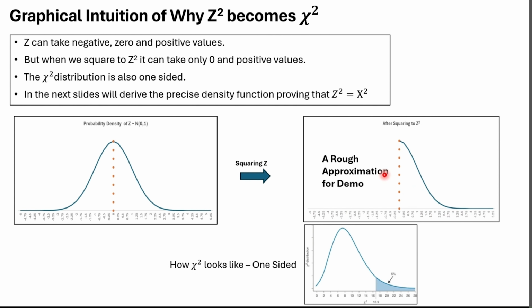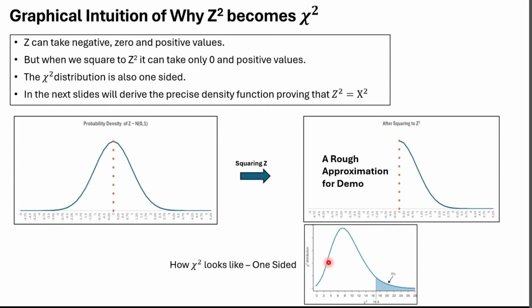So whatever resultant distribution you expect, it's going to be one-sided in nature, right? Now, this is just a rough approximation. The x-axis is not drawn to scale. We will derive a mathematically precise expression in the next slides, proving why there is an equivalence. So the probability density which you will get will be one-sided.